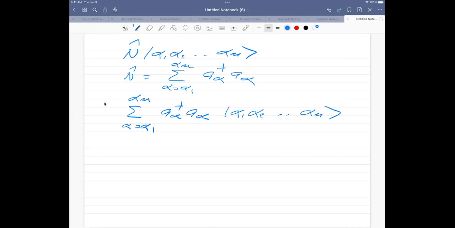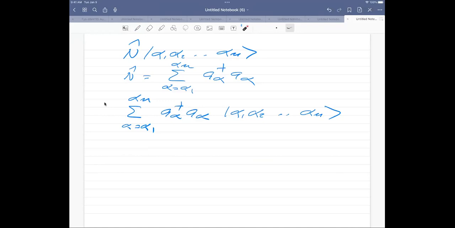But if it moves beyond alpha N, it's just going to give us 0. So every time this operator here acts on the Slater determinant, we just give the state back. And I'm doing this n times.